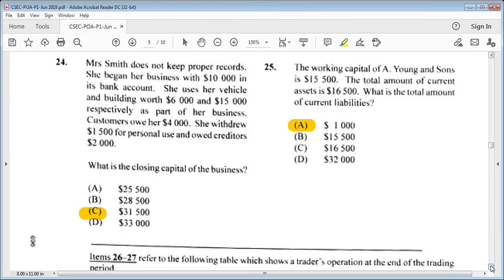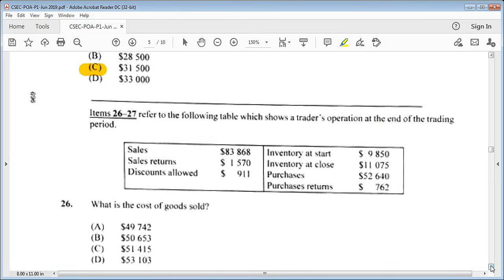Let's move on to 26. Items 26 to 27 refer to the following table, which shows the trader's operation at the end of the trading period. Sales, 83,868. Sales returns, 1,570. Discounts allowed, 911. Inventory at start, 9,850. Inventory at close, 11,075.